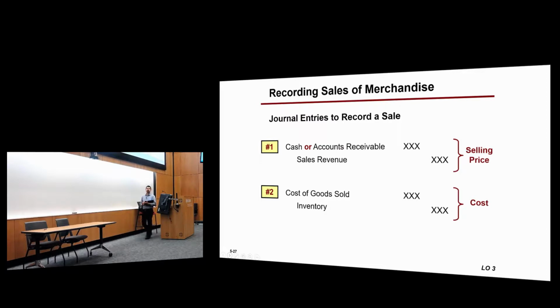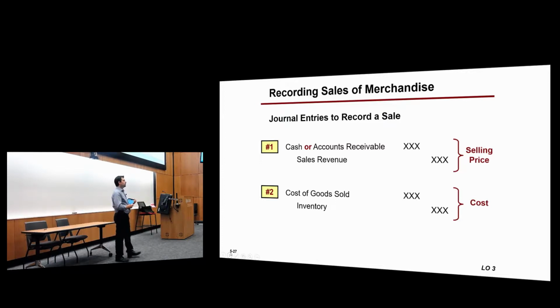So this is where we actually start recording the sale. And like I mentioned, after every sale, the company will make two journal entries. The first one is to recognize the sale, to record the sale, which is to recognize the revenue. The second one is to recognize the associated expense that comes with that sale.